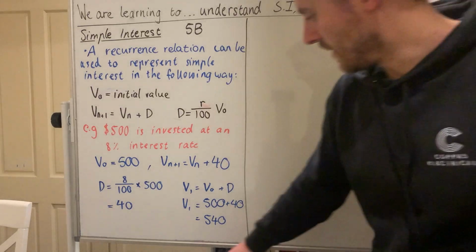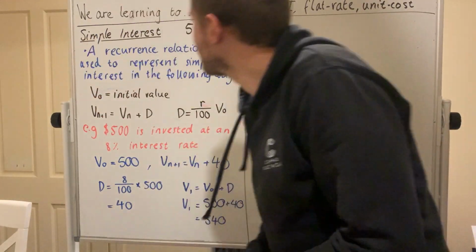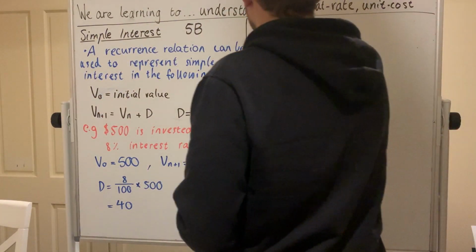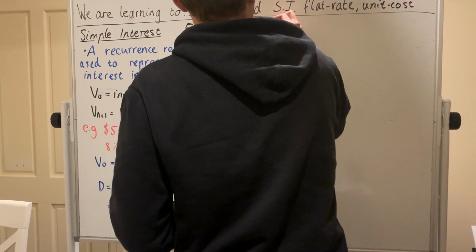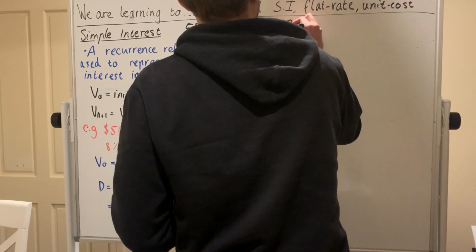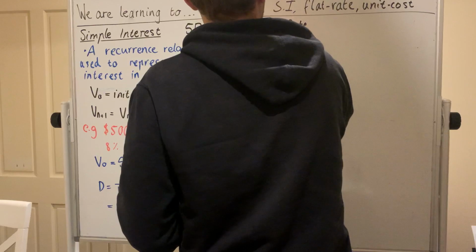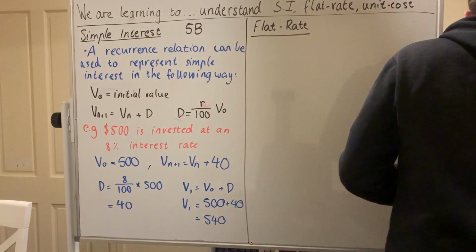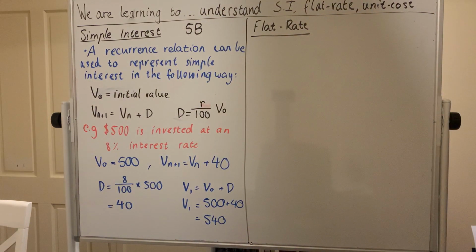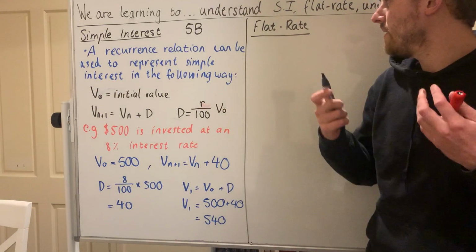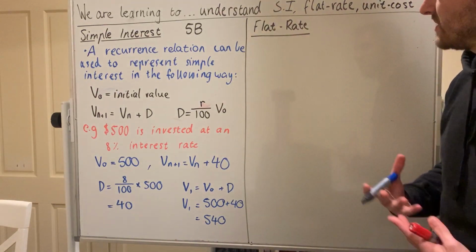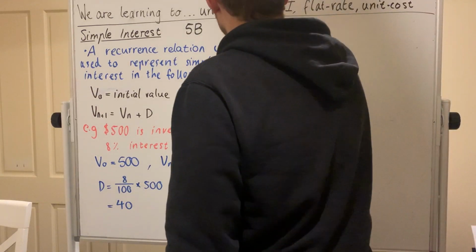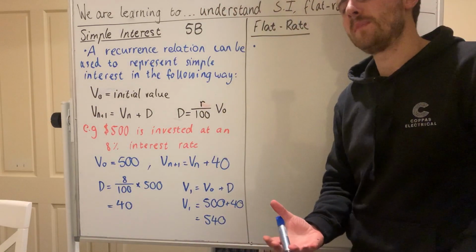All right, the next part that we're going to look at is flat rate. All right, that is basically when the value of an item or something decreases based off how much it's used.